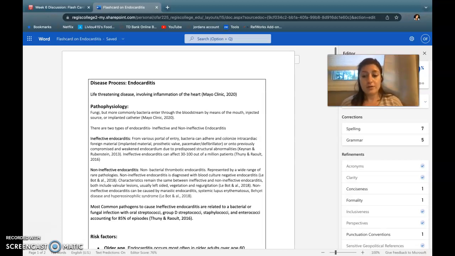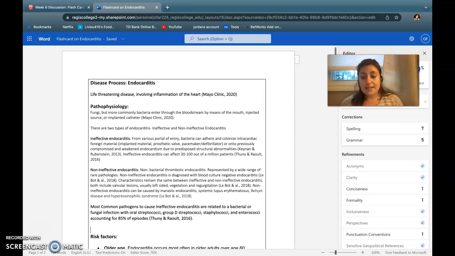Or if your heart was previously weakened due to predisposed structural abnormalities, or if you had weakened endocardium, then that's a place where the bacteria can then colonize and grow.